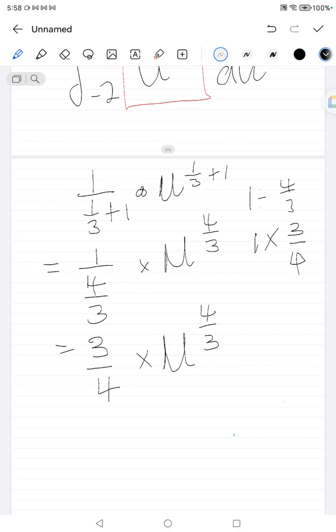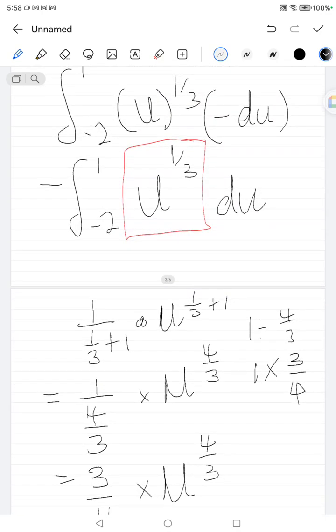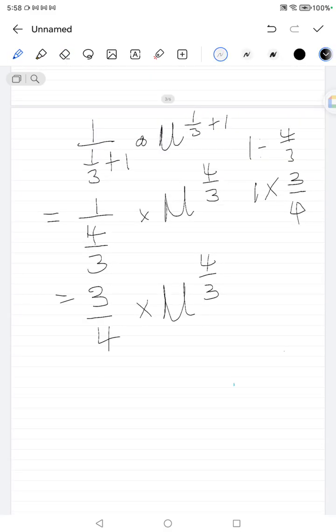Then remember the negative sign that we took here. Now we must place it back, so we have minus 3 over 4 multiplied by u to the exponent 4 over 3.